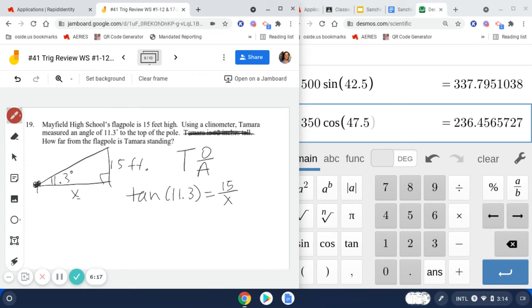Notice that since we're going for a variable in the denominator, we're going to multiply both sides by x and then divide by the tan.